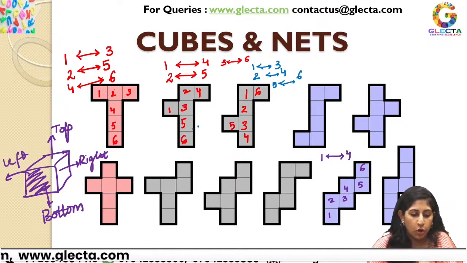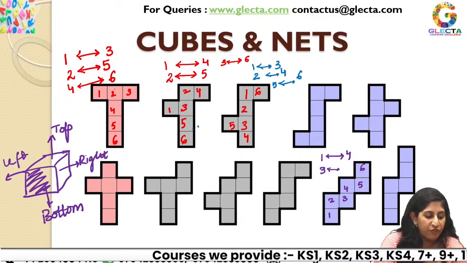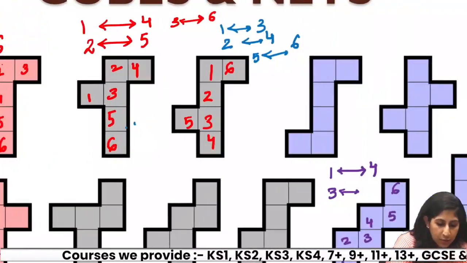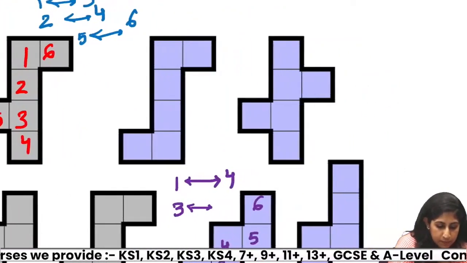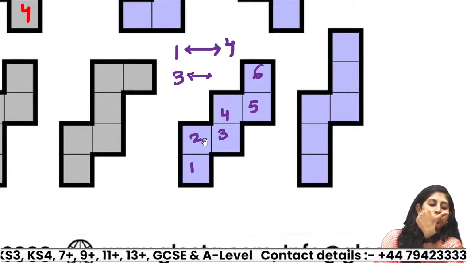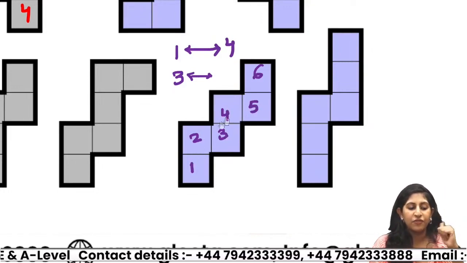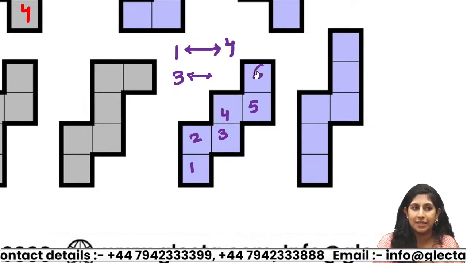Now if I judge it on that basis, 3 is touching 4, so 4 cannot be the opposite. 3 is touching number 5. Observe it like this, one second. Now for the box of 3, 3 is touching number 2, number 4, number 5. So for 3, I'm left with just one single option, that is 6.